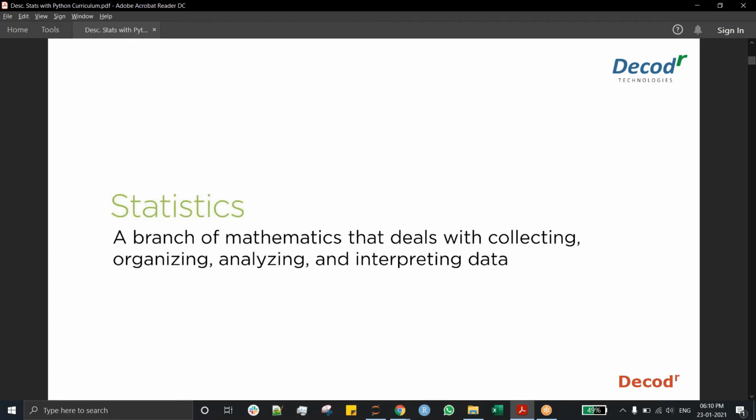Data science also involves the same steps: collecting, organizing, analyzing, and interpreting. It involves the same, or I would say similar, steps, but what changed? It is the volume of data, the type of data, the veracity of data that changed.